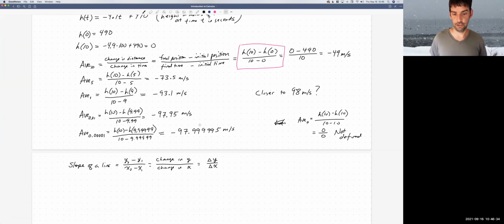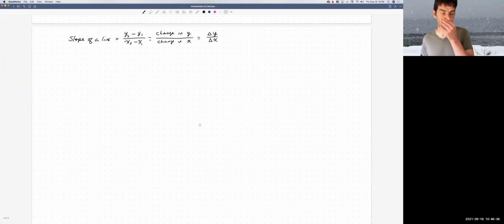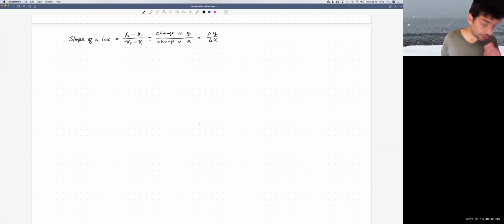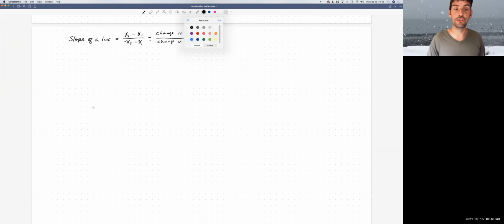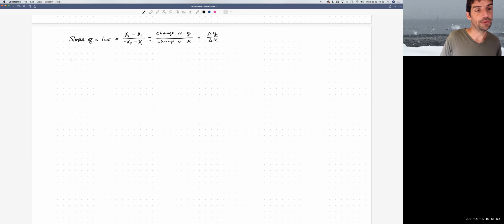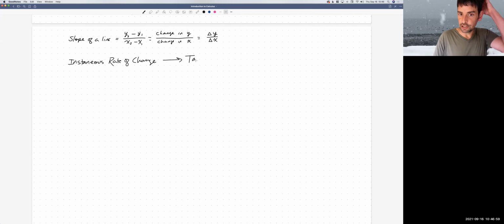Let's use a slightly simpler function and explore this geometric idea a little bit further. We started out with instantaneous rate of change, and now we're going to move to what we call the tangent line.